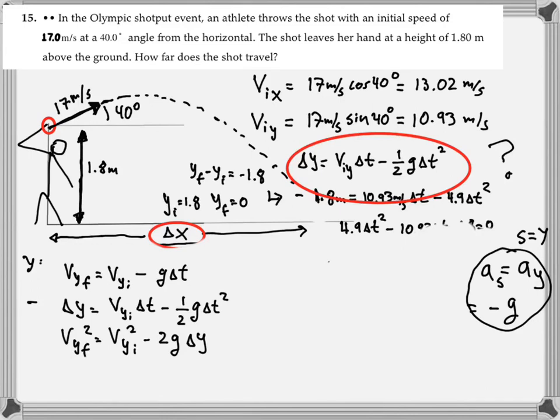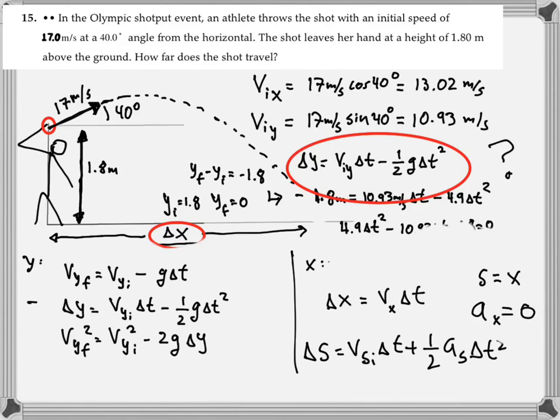But the shot also moves in the horizontal direction. In the horizontal direction, the equation that we use is delta x equals Vx times delta t. Why this equation? This equation also comes from the formula sheet equation that says delta s equals Vs initial delta t plus 1/2 a_s times delta t squared.